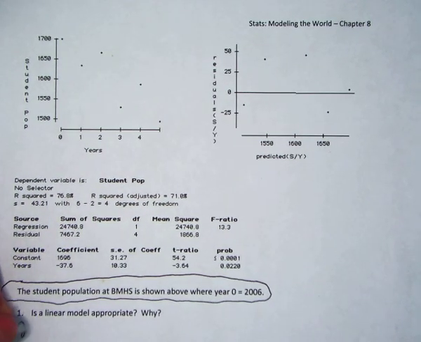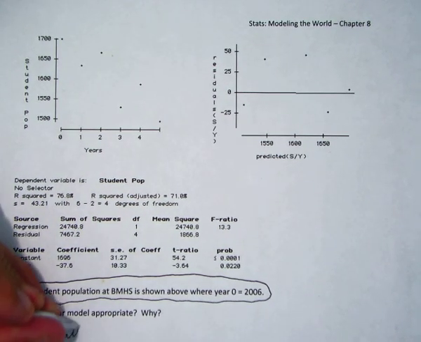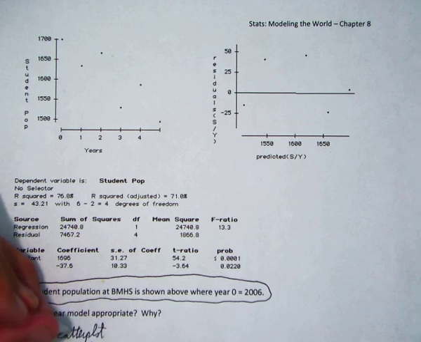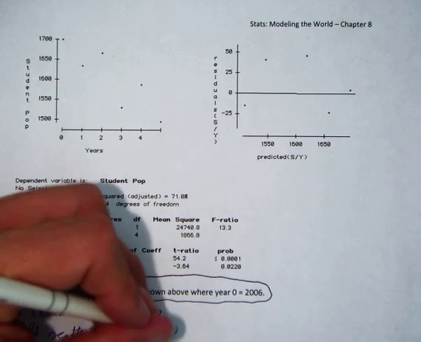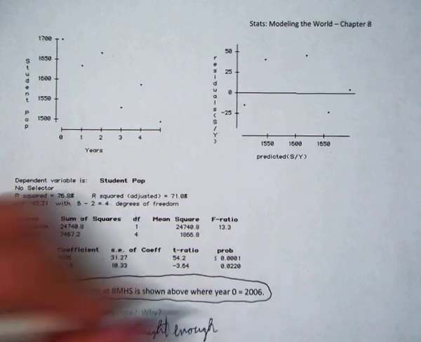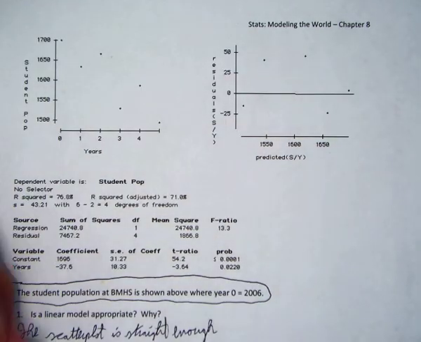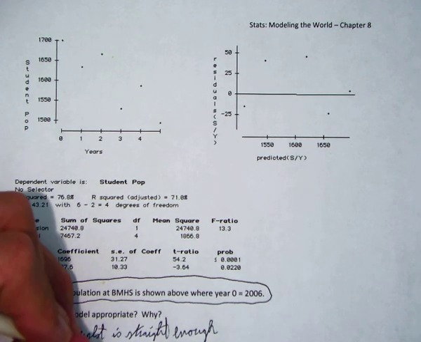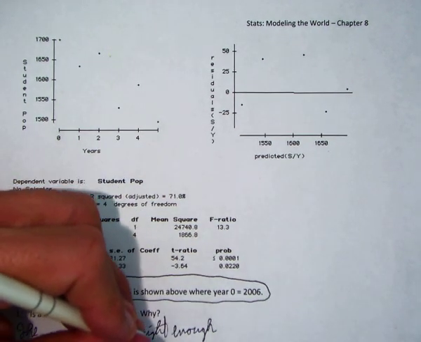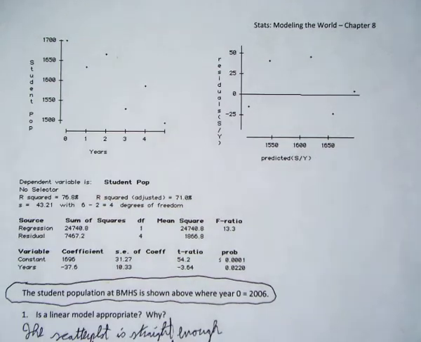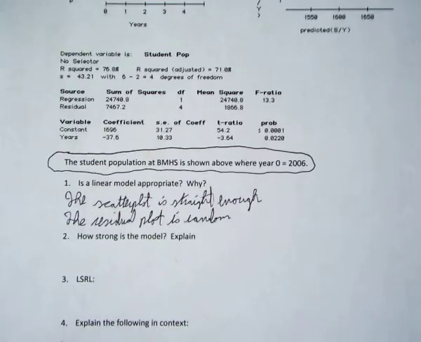Well, the scatter plot is straight enough, and the residual plot is random. So secondly, how strong is the model?